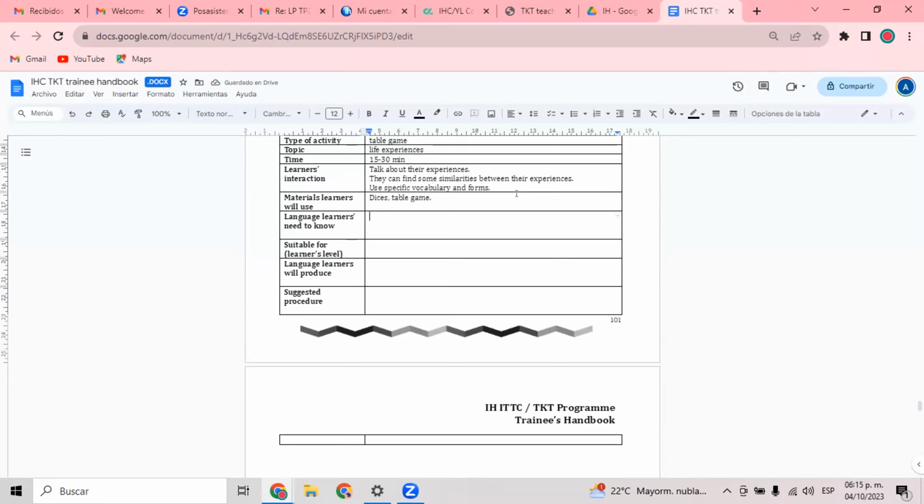Language learners need to know past simple. What else? And simple present, or present simple.